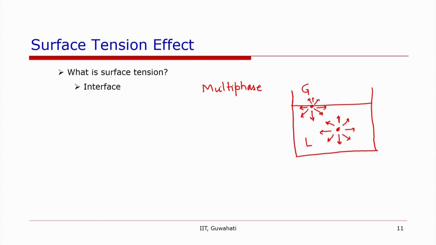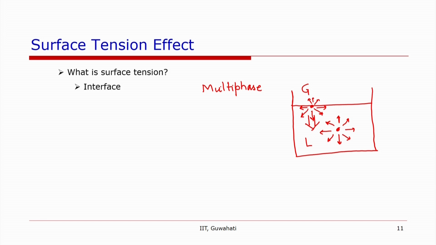So, there will be a net tendency, or a net pull on the molecules towards the inside, and that, in a microscopic sense or in a macroscopic sense, is referred to as surface tension.